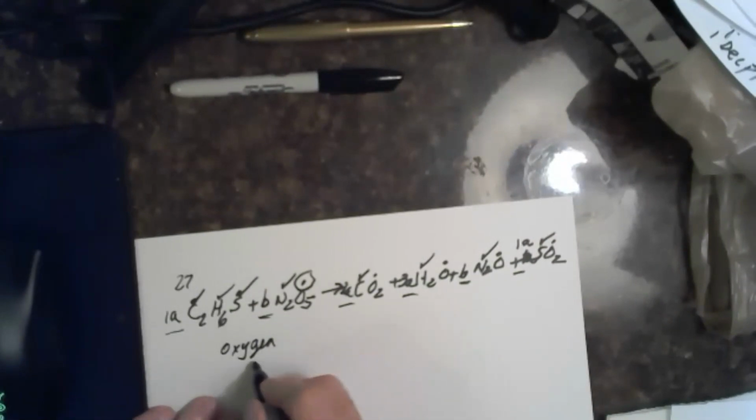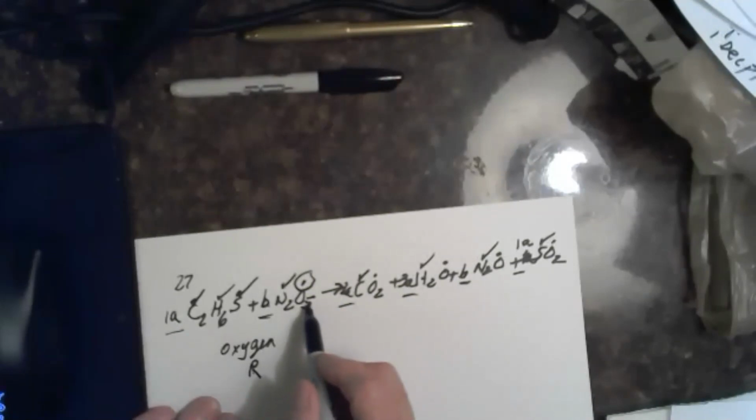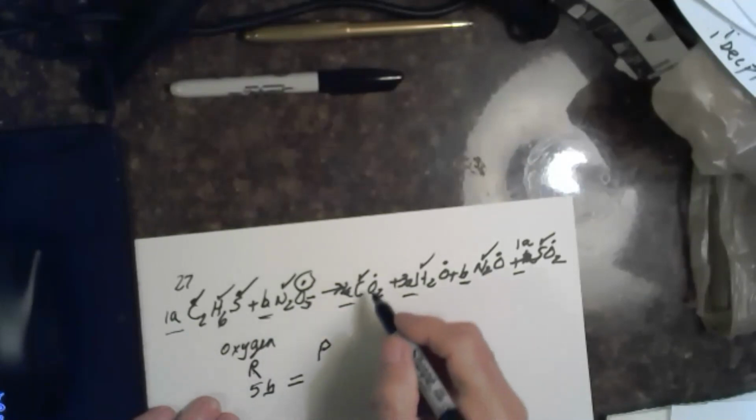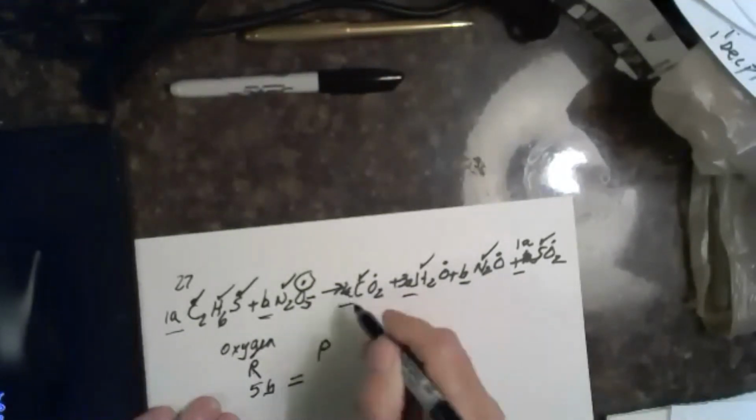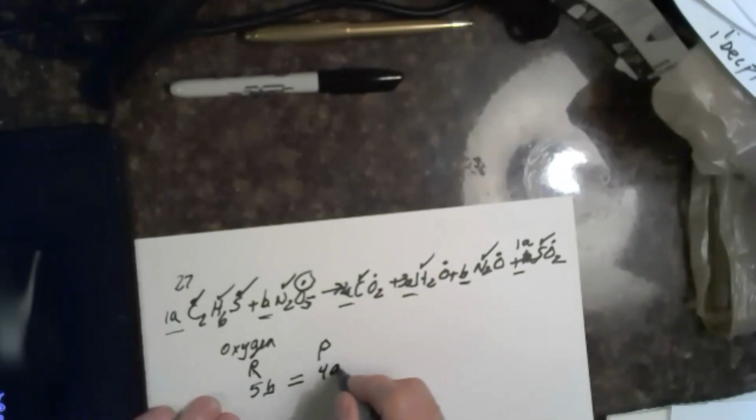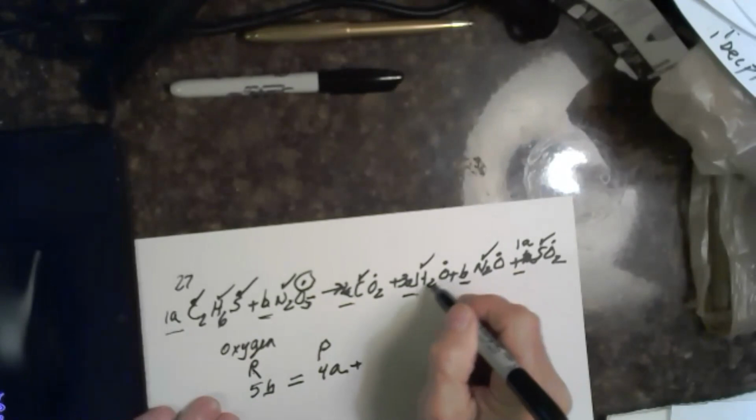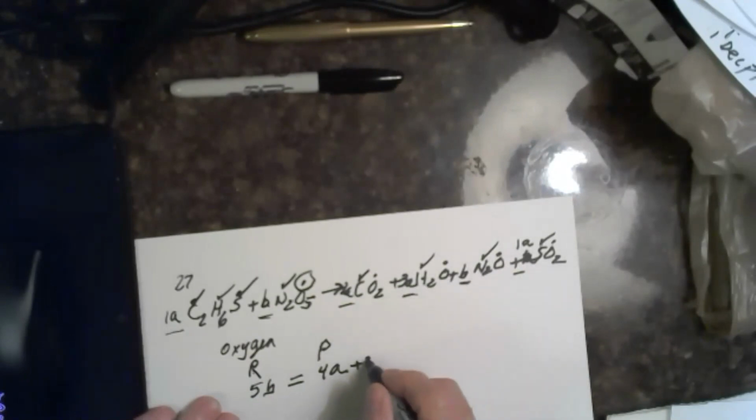And on the reactant side, how many oxygens? I've got 5B. Now, on the product side, how many oxygens do I've got? 2 times 2A is 4A. I've got oxygen in this one, 1 times 3A is 3A.